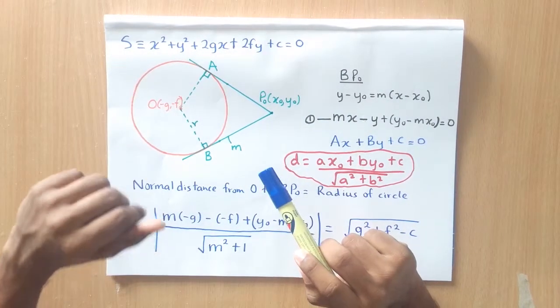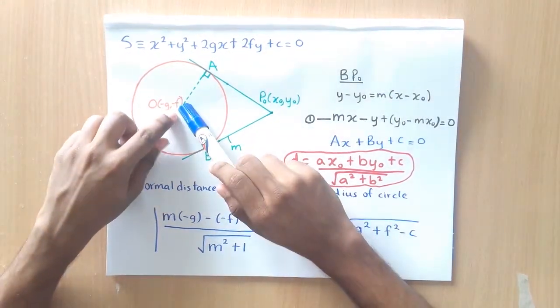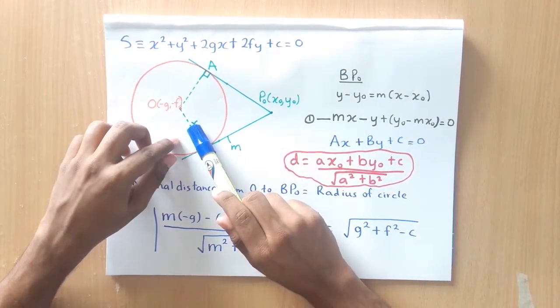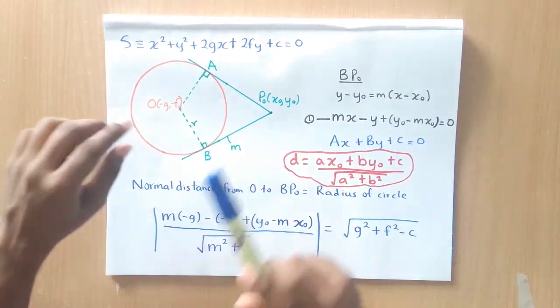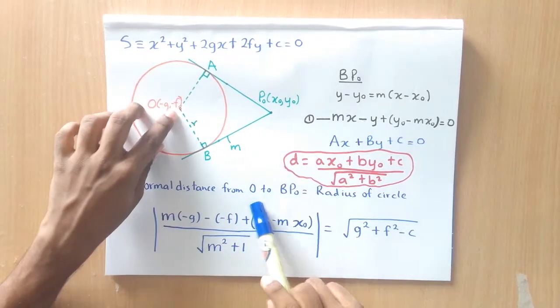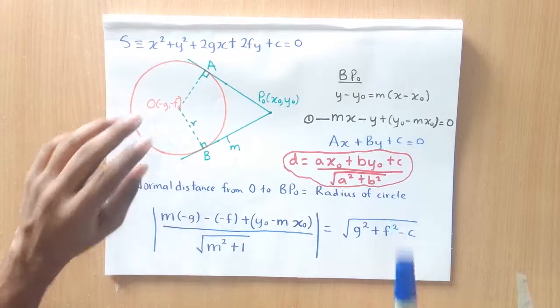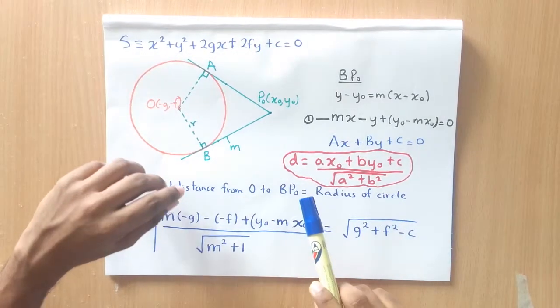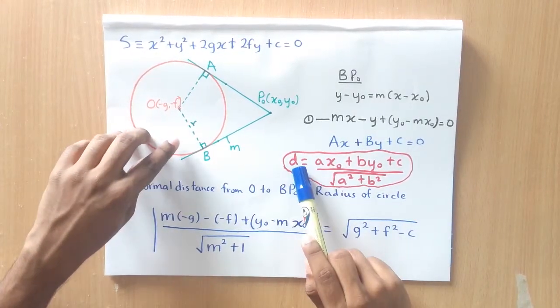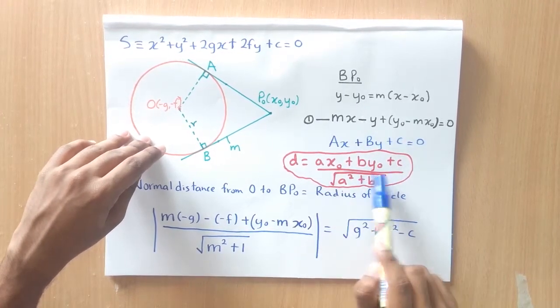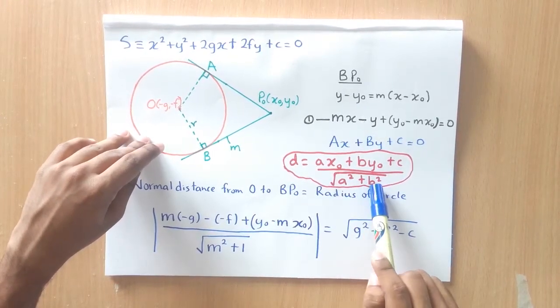The perpendicular distance from the center to the tangent through P0 is equal to the radius of this circle. So the normal distance from O to the tangent is equal to the radius. We learned that the normal distance can be given as d equals ax0 plus by0 plus c over the square root of a squared plus b squared.